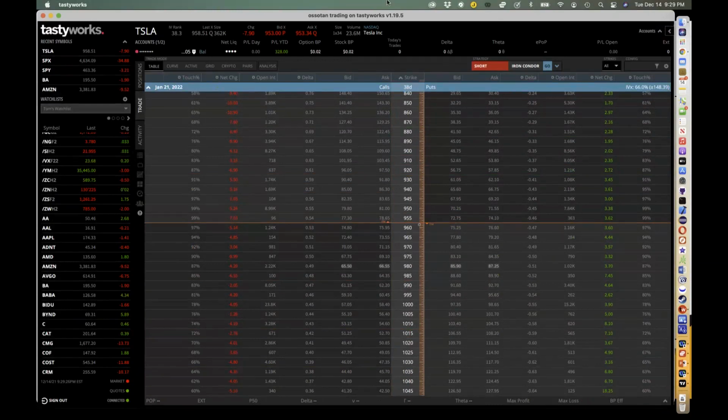Oh, never mind, here it is. Annotation. Let's say I want my stock price to be between here and here. I want the price to be here, so that if it stays in between these two prices, I'll make money.